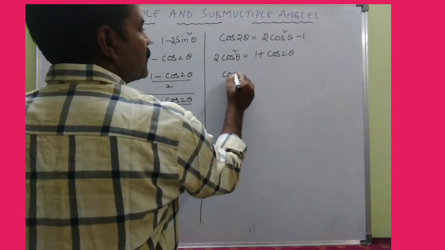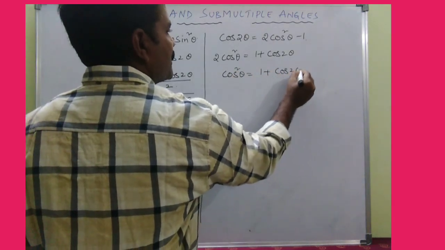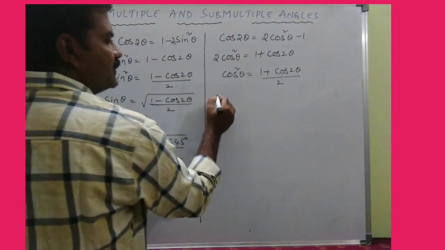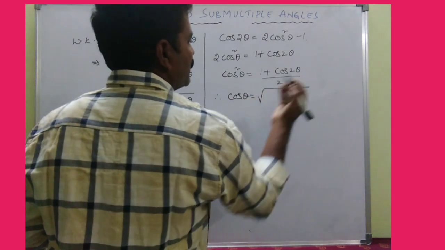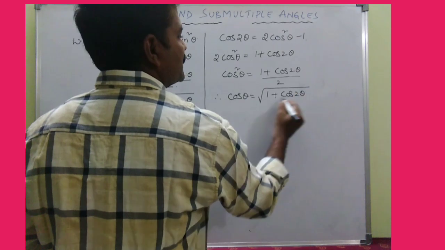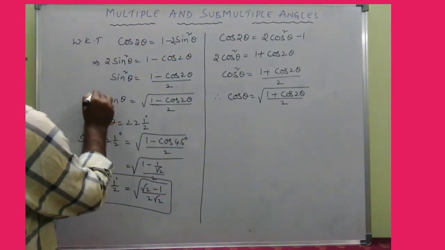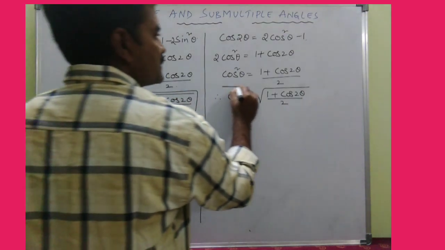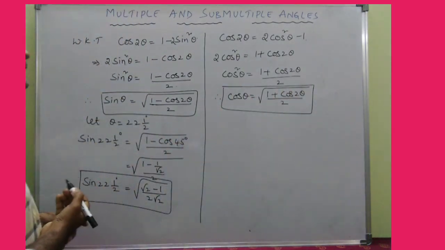And from this, cos square theta is equal to (1 plus cos 2 theta) whole divided by 2. Therefore, cos theta is equal to root of (1 plus cos 2 theta) whole divided by 2. These are very important results. Please remember sin theta and cos theta in terms of cos 2 theta.